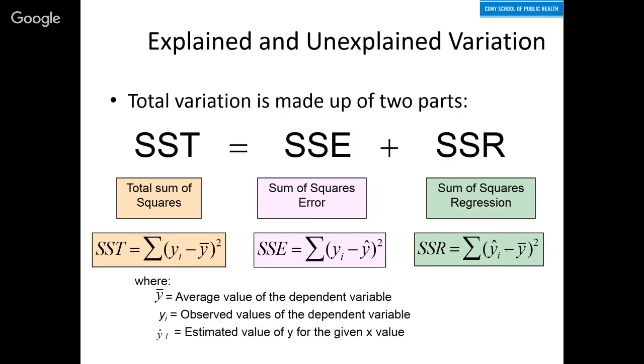This calculation would be for every student, what you predicted the test score to be minus the overall mean test score. So this is predictions of the model minus the overall mean. So this is entirely the predicted component of the variation. And the SSE is the unpredicted component.